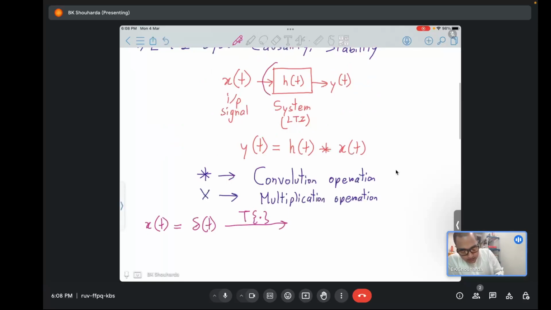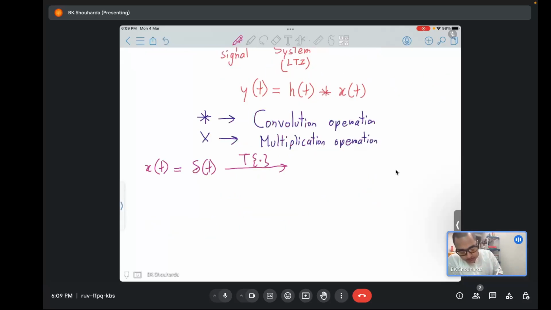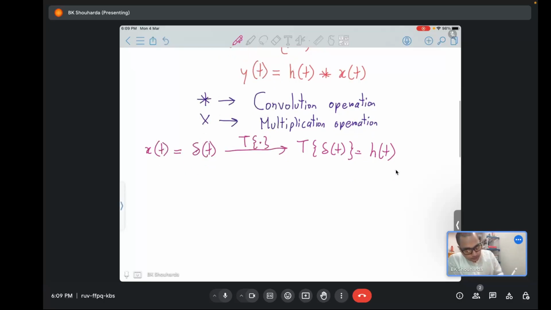Anything like this can be denoted as the transformation of the signal x of t gives me y of t. The transformation of delta t gives me h of t. So whenever I give an impulse, I get an output h of t. I call this the impulse response, and it helps us determine a lot of the properties of our system.